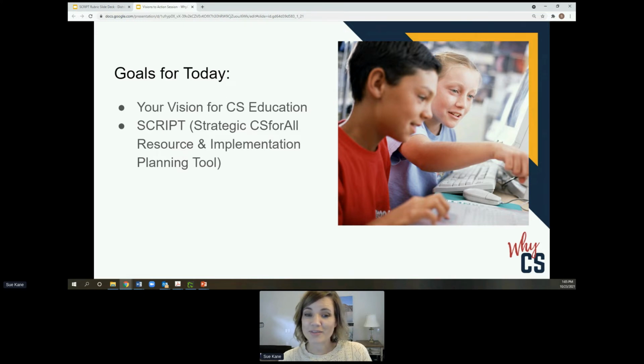Some of us are motivated by things like equity and social justice. Some of us see CS as potential workforce or an economic driver. Some of us see CS as an opportunity to achieve some of the school reforms, some of the things that we've been talking about over the last day and a half. And it's all about why CS.